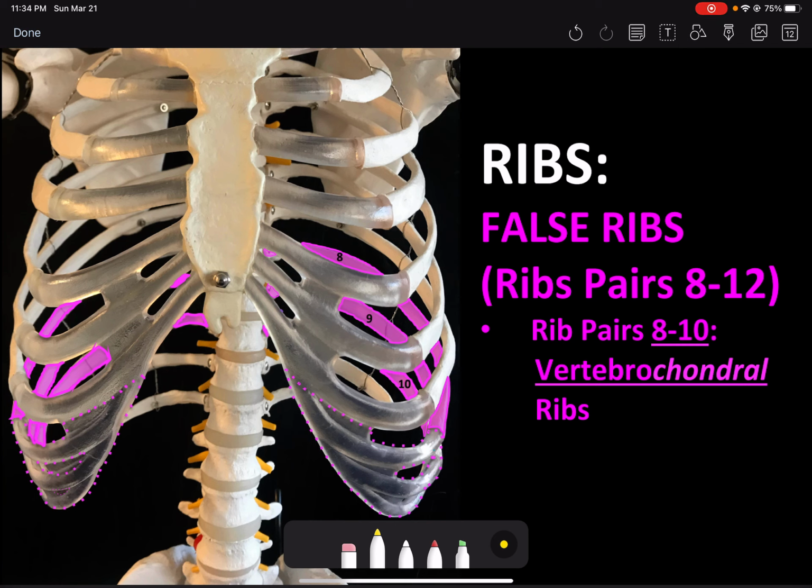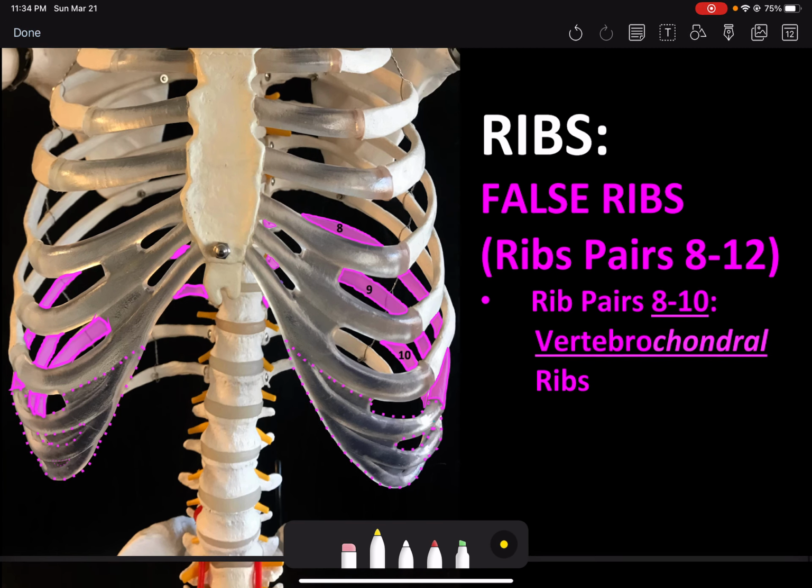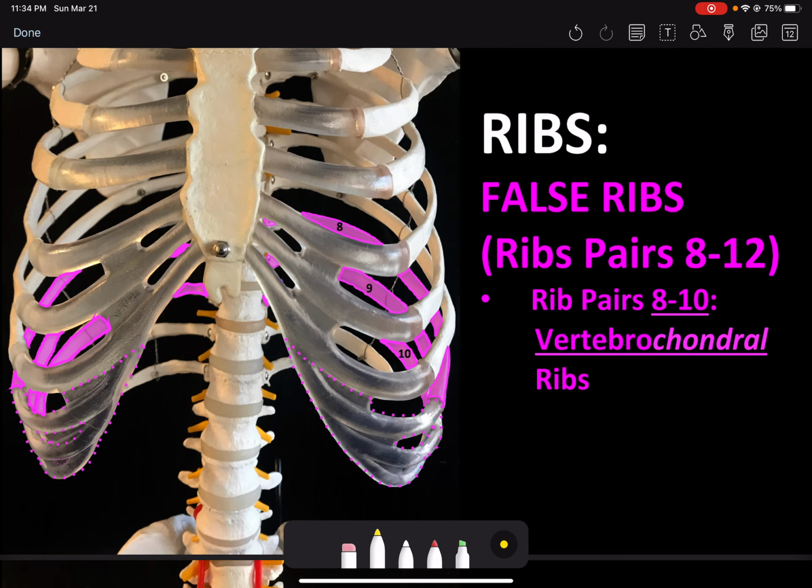So the last set of vertebral sternal ribs. All right, these ribs, that is rib pairs 8 through 10, are known specifically as the vertebral chondral ribs. All right, it's almost like they have a shared driveway, that's the result of all of these ribs fusing together, and then it ultimately ends up fusing into the costal cartilage of rib pair number 7.